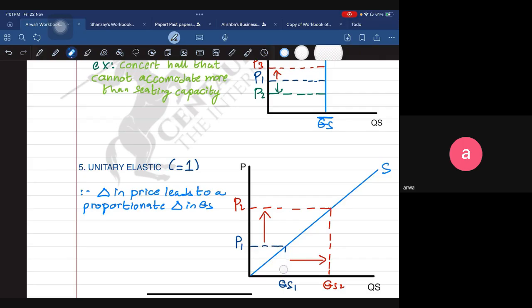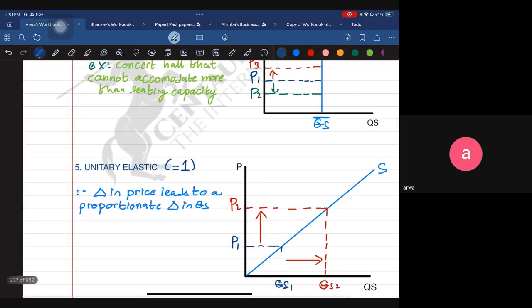This seems to be a bit curved, so I'm going to just make it straight. Seems to be straight, isn't it? Okay, great. So this is good.